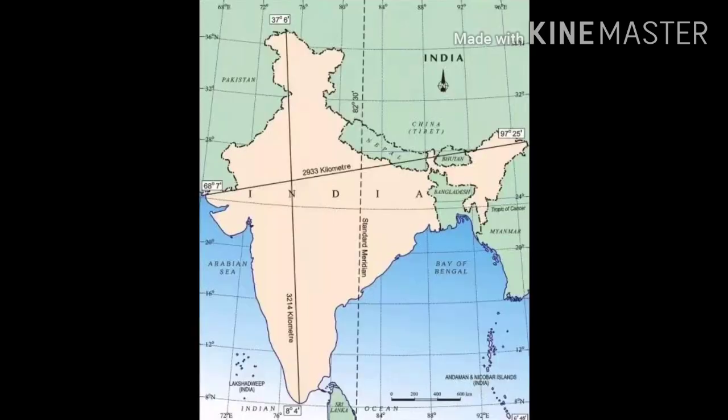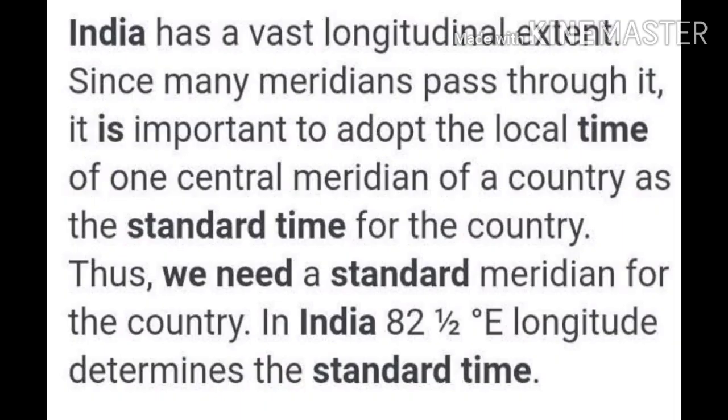In India, the longitude of 82.5 degrees east is treated as the standard meridian. The local time at this meridian is taken as the standard time for the whole country. It is known as the Indian Standard Time, that is IST.